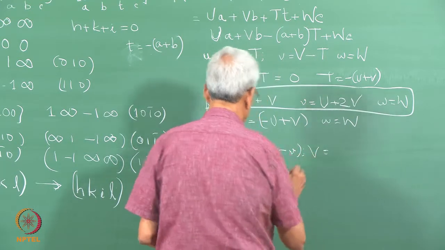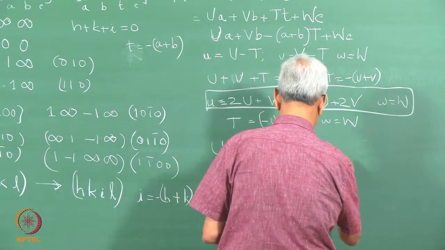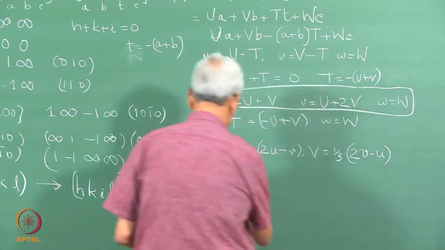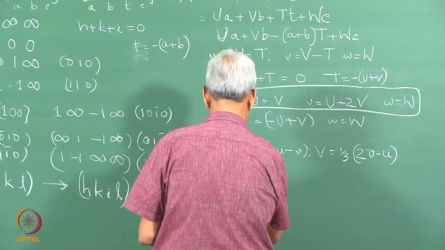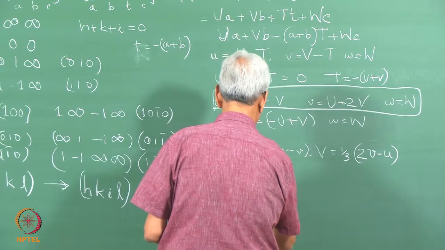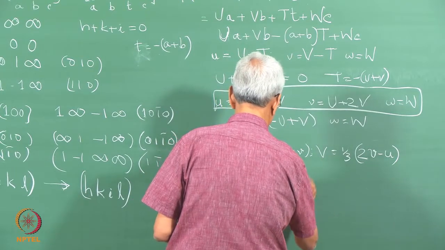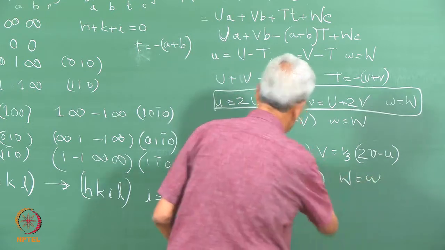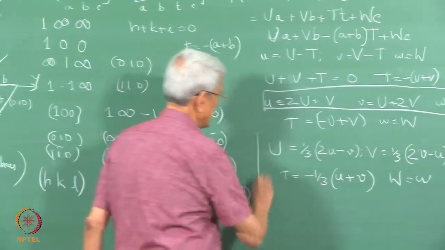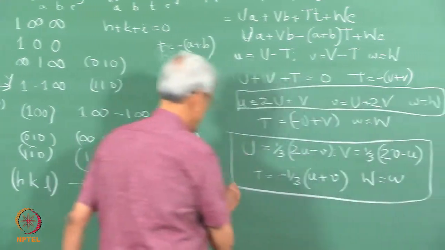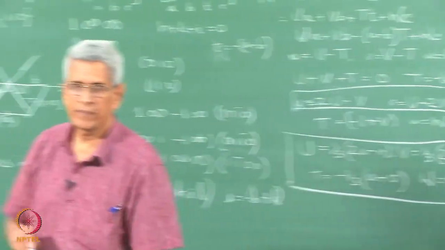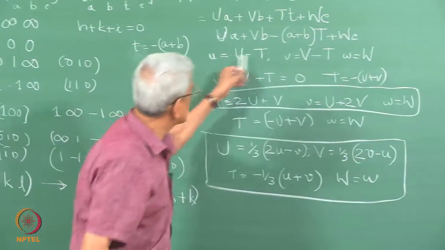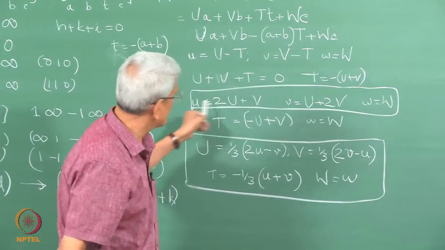V equals 1 by 3, T equals, W. This is what essentially this expression will turn out to be. Since these equations are there, we can just substitute and solve it.